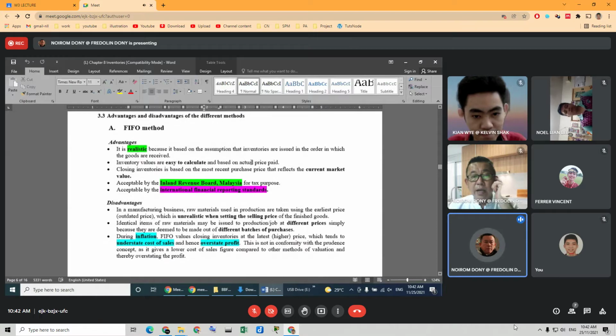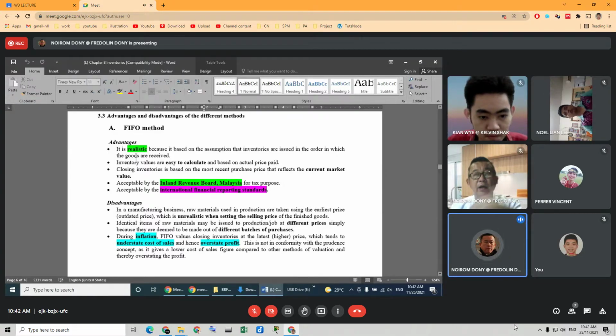Now, if we are using first in, first out, the advantage is it is more realistic. Realistic in terms of, this is the normal practice of a human, where the first that came in is the first one that comes out, because we are afraid of expiry, like the veggie. You buy the veggie, you have to consume the first veggie that you buy first.